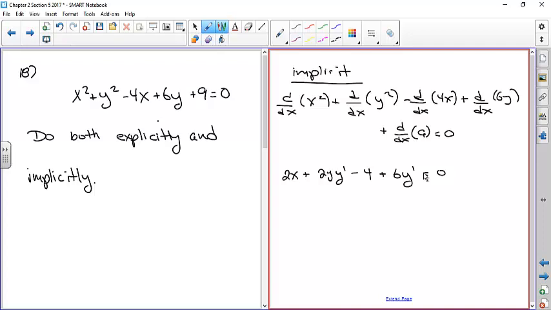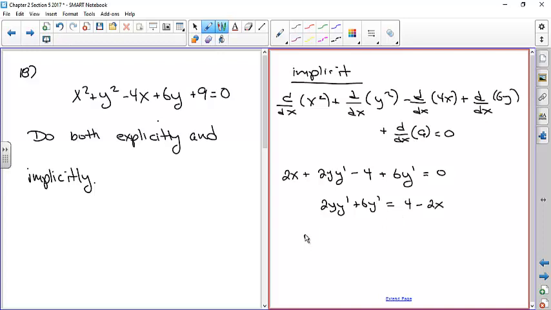Then what I would do is group the terms involving y prime on one side. So you'd have 2y, y prime, plus 6y prime is equal to 4 minus 2x. I moved this to the other side, and if they were positive, they became negative. If they were negative, they were positive, and I put the positive term first.